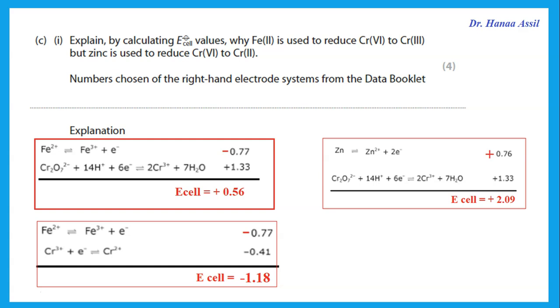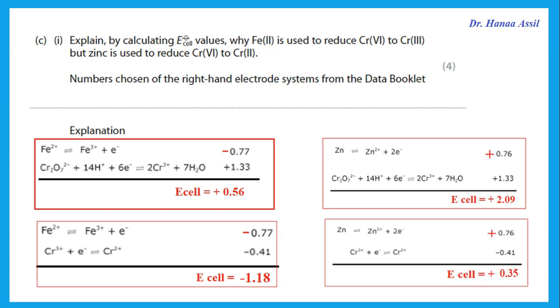Again, we get the numbers from the data booklet. And we find that to use zinc to change chromium 6 to chromium 3, that's fine. The E cell is a positive value. And when we use it to change the chromium 3+ to chromium 2+, the E cell is also a positive value, and that is why the zinc can be used to reduce chromium 6 to chromium 2.